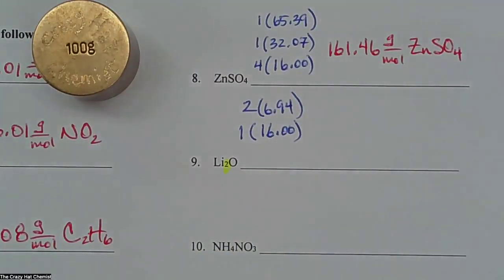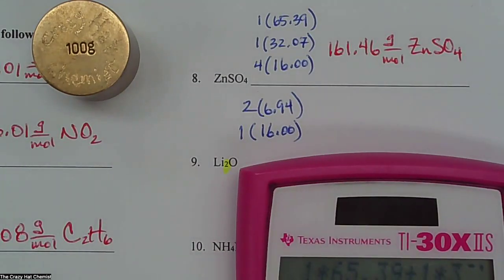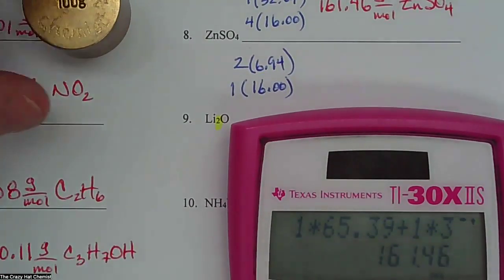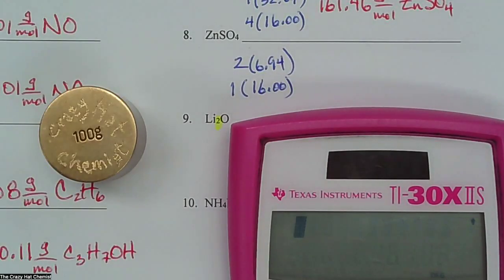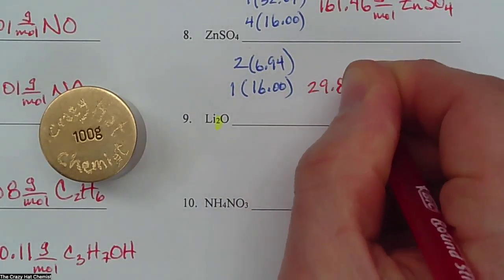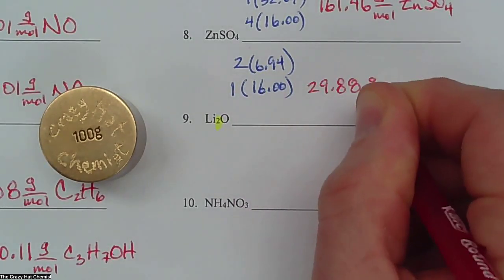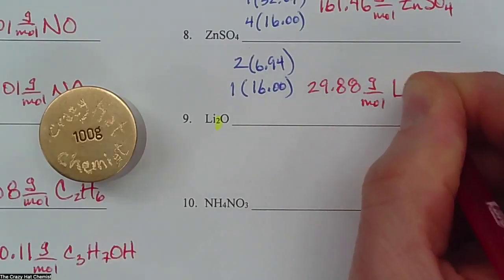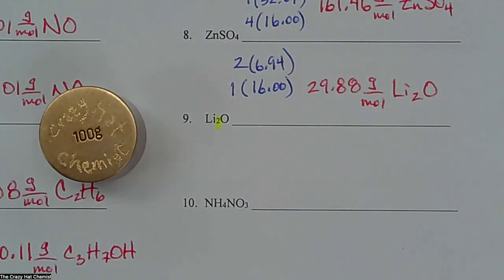Let's key this into the calculator as well. I got 2 times 6.94 plus 1 times 16.00, and I am going to get 29.88. So 29.88 grams per mole of lithium oxide. Awesome. That was number 9.